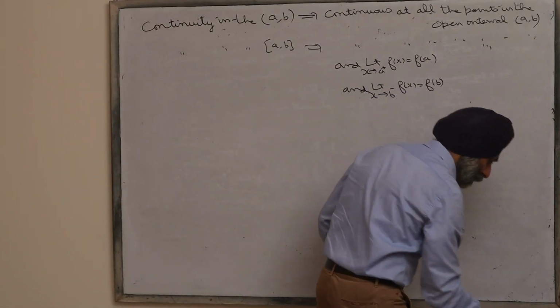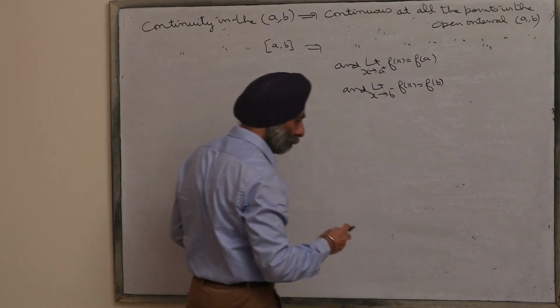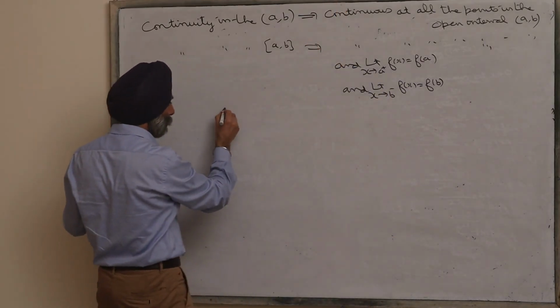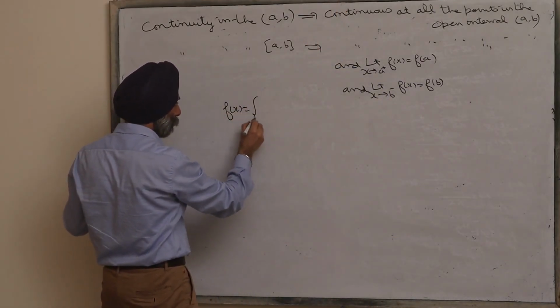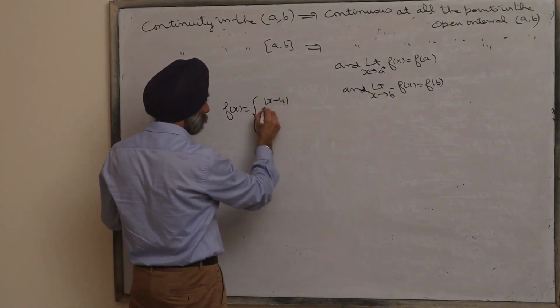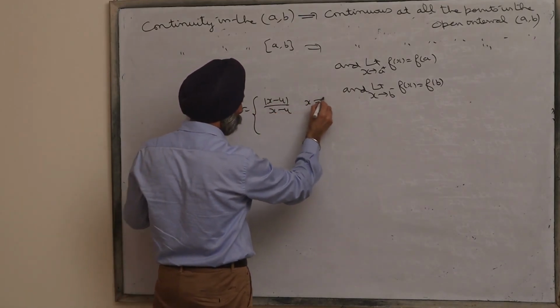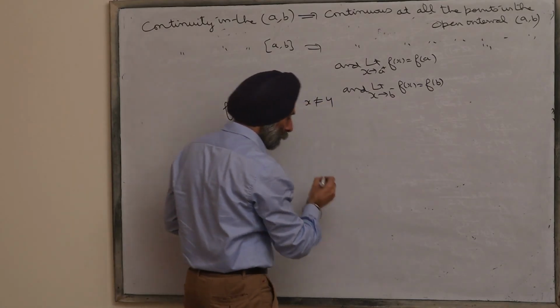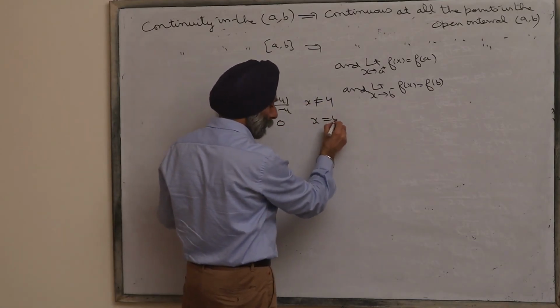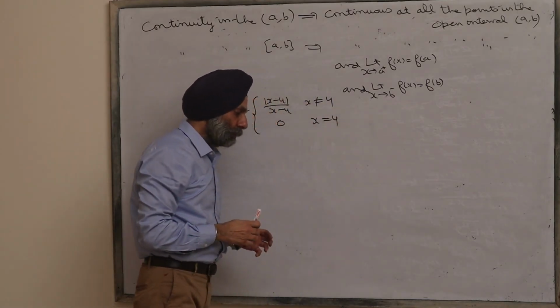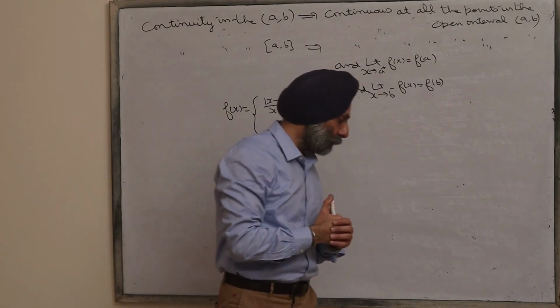Now, for example, question is: show that f(x) is equal to modulus of (x minus 4) over (x minus 4) for x not equal to 4 and is equal to 0 for x is equal to 4 is everywhere continuous.